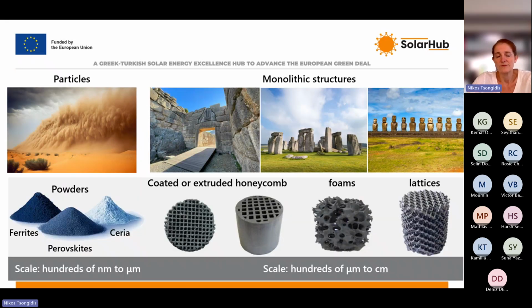And for this reason, there are different approaches, either from the particle side, so having reactors that use particles in high dispersion, or having reactors that can secure high surface area using structures that have channels, like the honeycomb structures that can be either coated or extruded, or foam structures that have high porosity and a random pore structure with a high number of pores that can allow a high surface area.